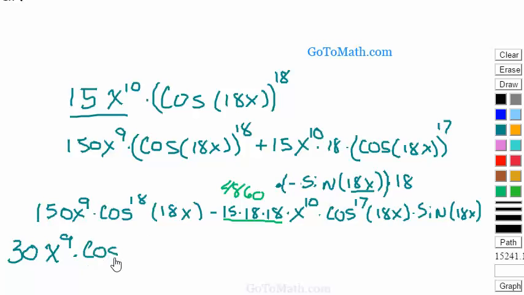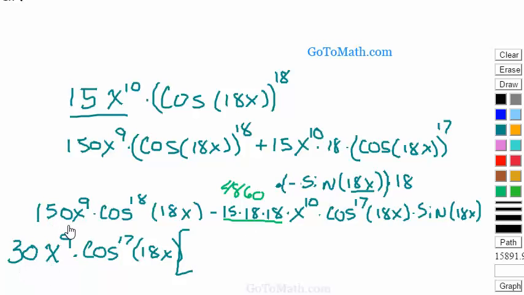We always pull out the one with the smallest power, so that's going to be that one right there, 18x. So pulled out a 30, pulled out an x to the ninth, pulled out a cosine, and we can't pull a sine out, so there you go. I'll just do a bracket here.